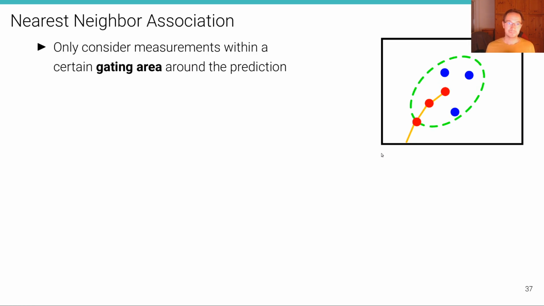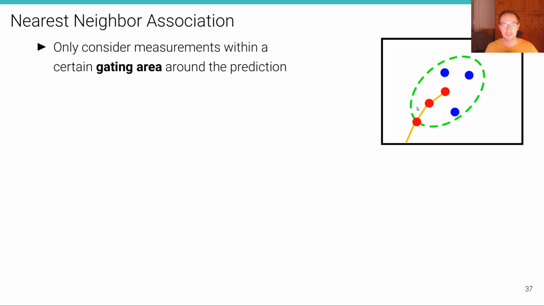The simplest thing that we can do to solve this problem is called nearest neighbor association. In nearest neighbor association, we first of all restrict the measurements to a certain so-called gating area around the prediction. We say, well, if this is the prediction, then we want to only consider object detections that are nearby, because things that are very far, we believe, are unlikely to correspond to that track.